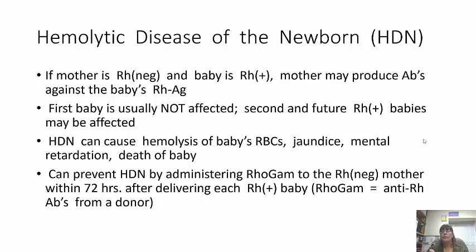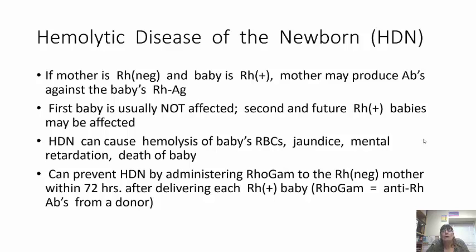So the mother is now exposed to those positive antigens. So between pregnancies, basically, the mother is going to make antibodies against Rh factor. So if you get pregnant with a second child that is Rh positive, your antibodies are going to go after the child because you have antibodies against Rh factor.